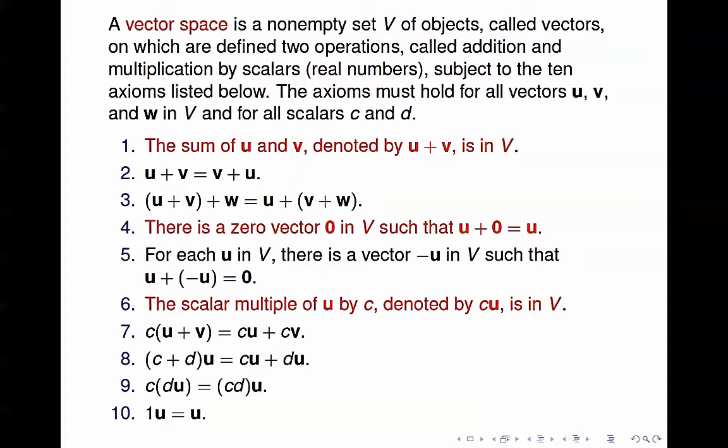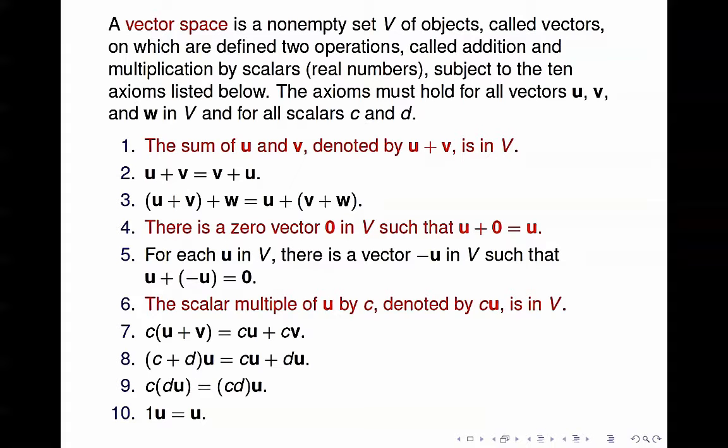So this says that when you take the scalar multiple of any vector in the set, or any object in the set, the result is also in the set. So you can see that number 1, number 4, number 6 all are specifically referring to whether or not particular elements are in the set. And that will be important as we go along. Numbers 7 through 10 are again standard sorts of properties.